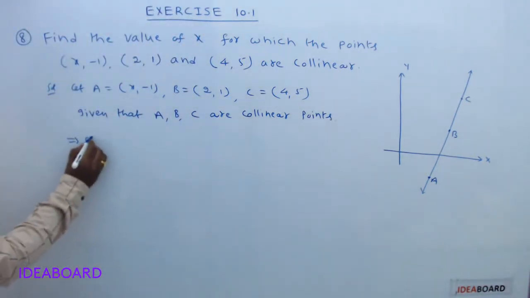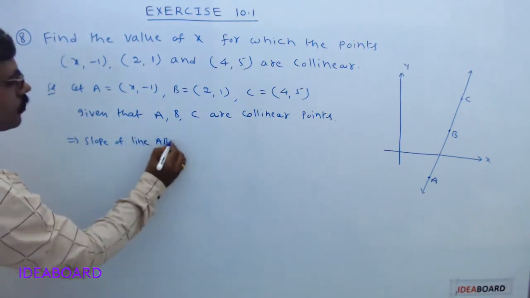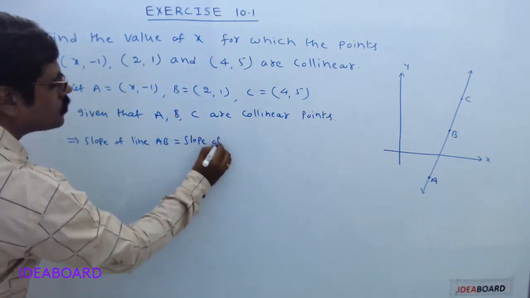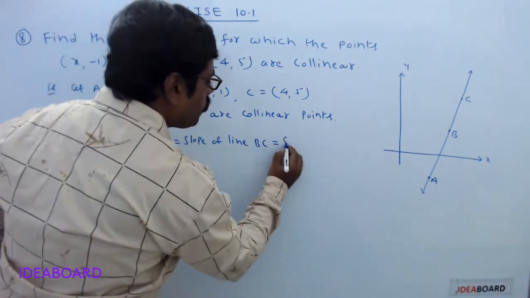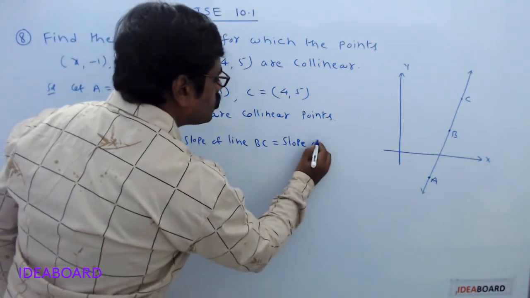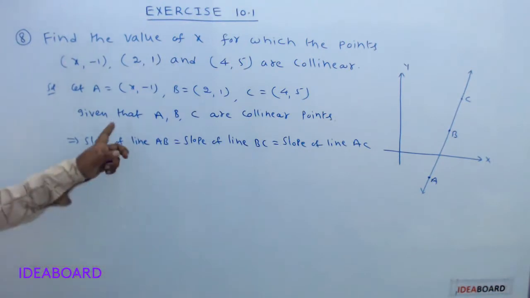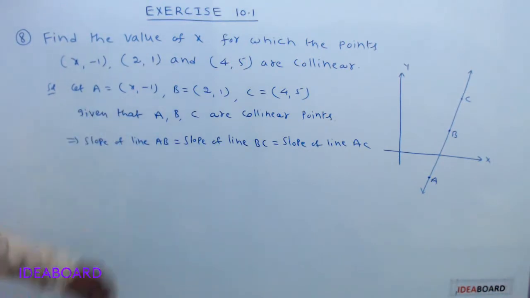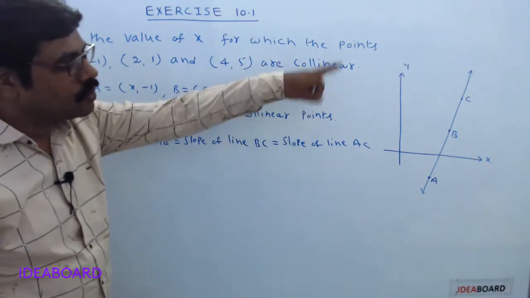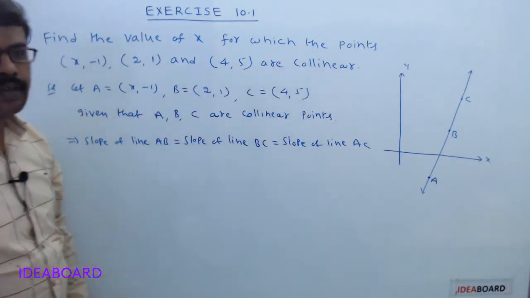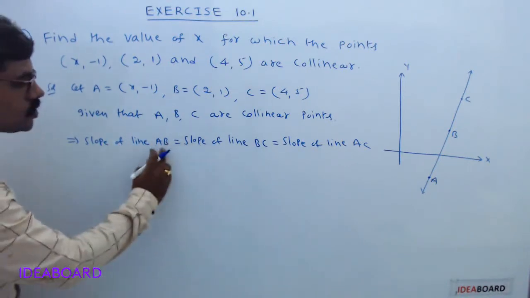So from this, slope of line AB equals slope of line BC equals slope of line AC. Now you can equate any two. Here I will consider these two.